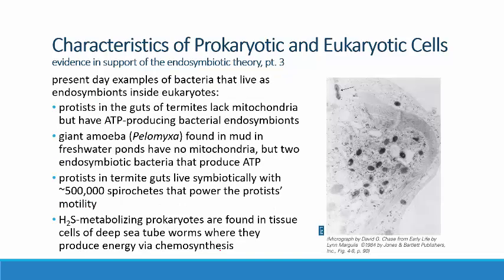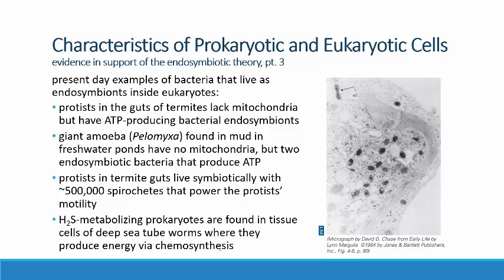All right, so great, there's a lot of evidence. Can we see any of these kinds of endosymbiotic relationships in the real world today? Well, sure, we do. In the guts of termites, the protists there don't have any mitochondria. These are the protists doing the digestion of the cellulose that termites are known for being able to do.